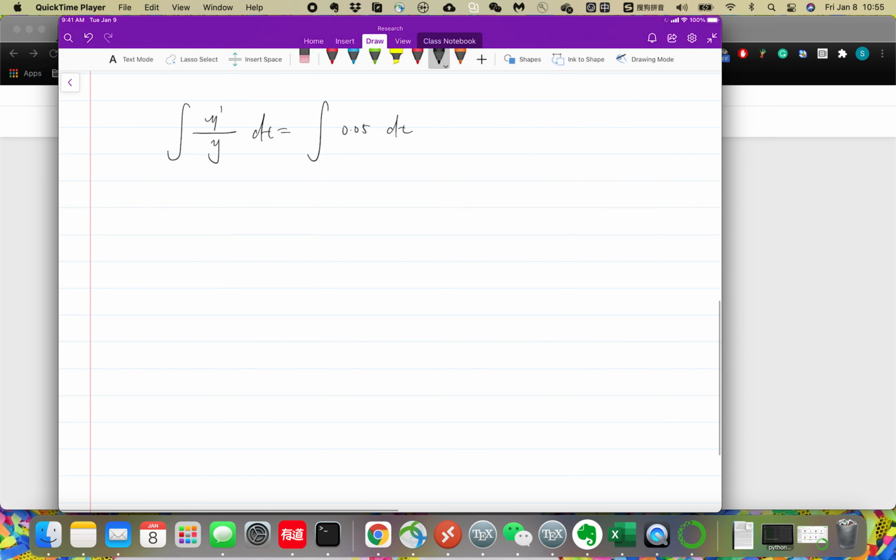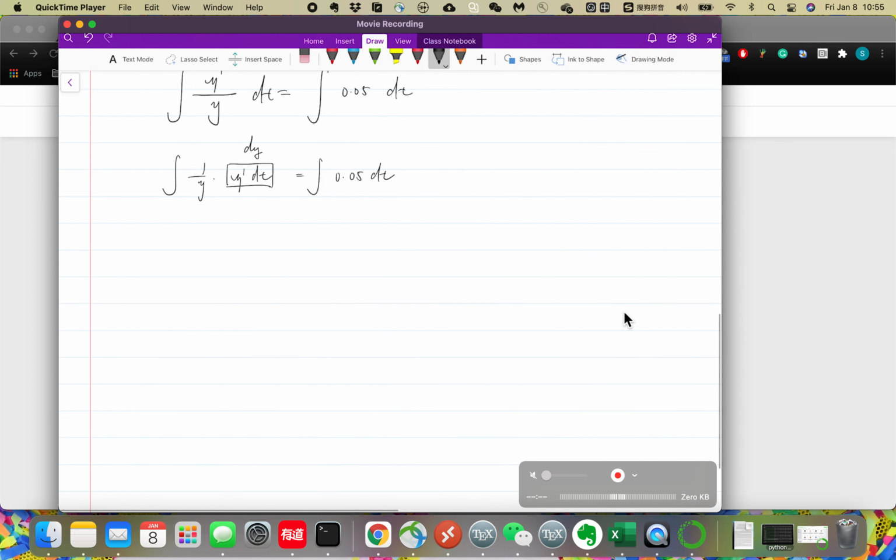Now what can you do? You can take this 1 over y times y prime dt, and what is y prime times dt? That is going to be dy. Now the right hand side is very easy to do. Okay, plus a c. The left hand side, if it's with respect to t, it's going to be hard because you got y and a t, and you don't know what y is.